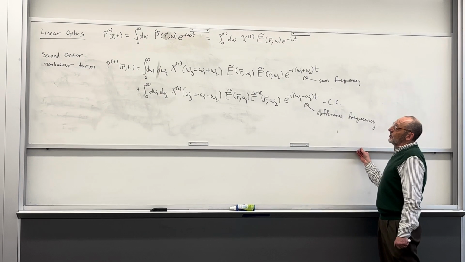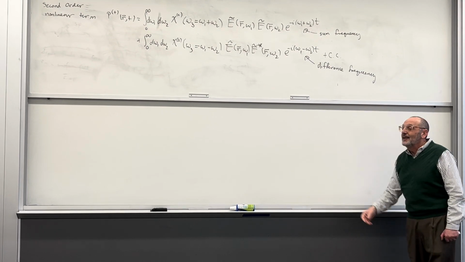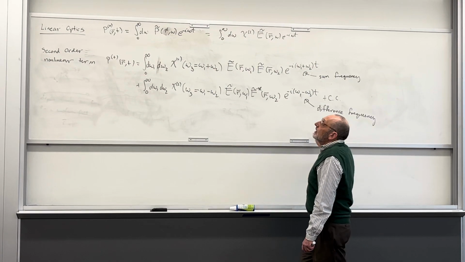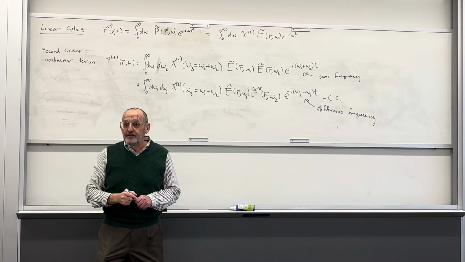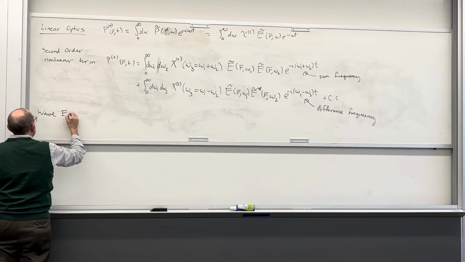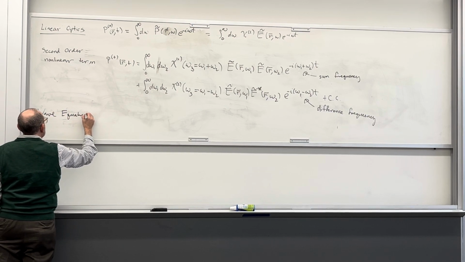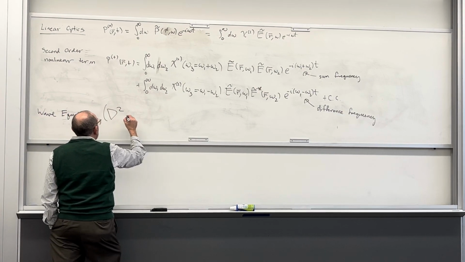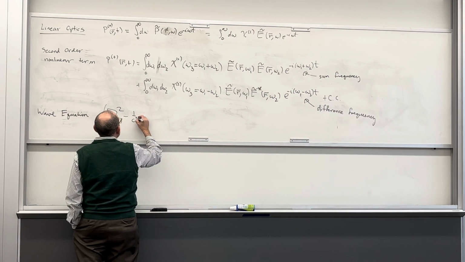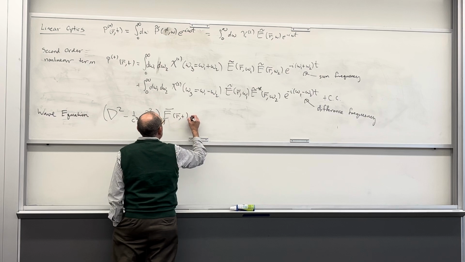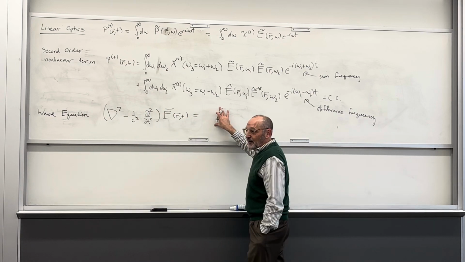So from classical electrodynamics, we can calculate the wave equation that tells me what is the radiated field associated with these sources. Okay, so the wave equation tells me that the field is related to the current, right?